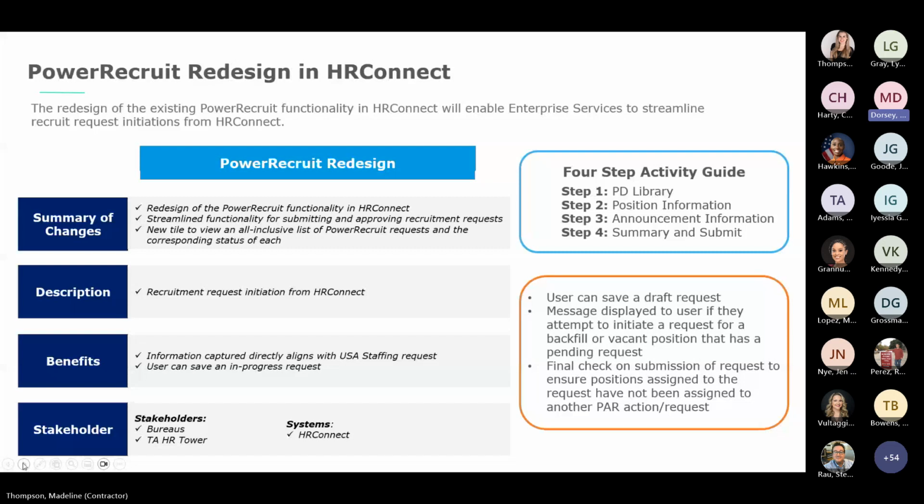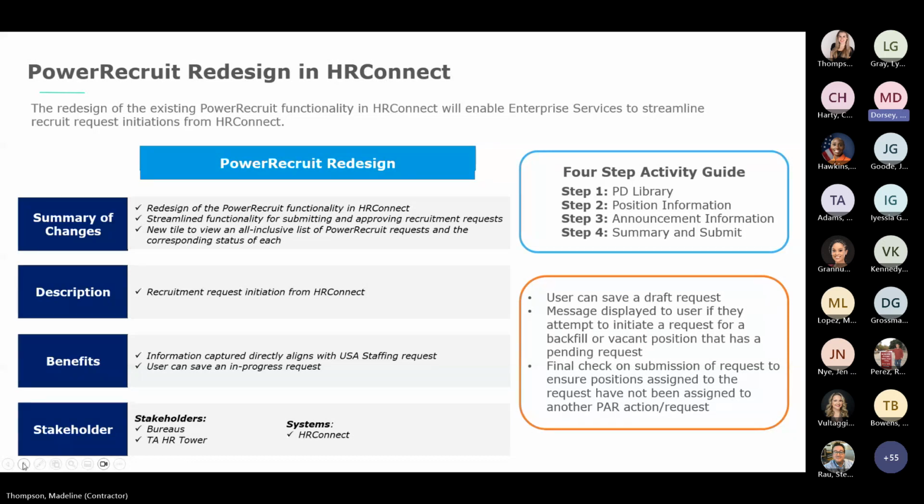Another main update with the redesign is the introduction of the 4-step activity guide, which includes step 1, PD library, step 2, position information, step 3, announcement information, step 4, summary and submit.